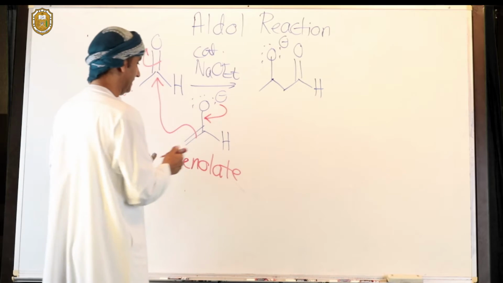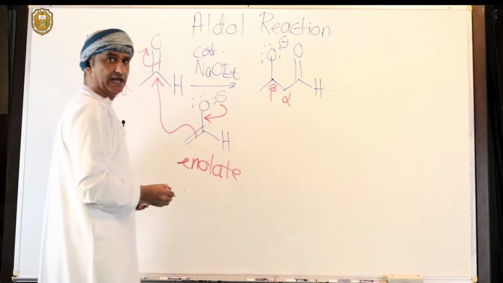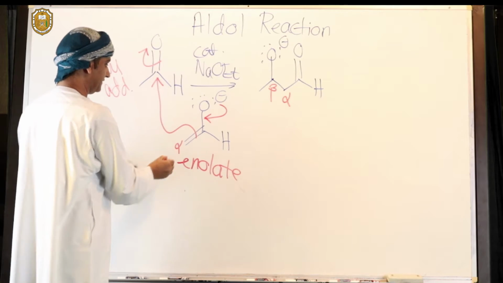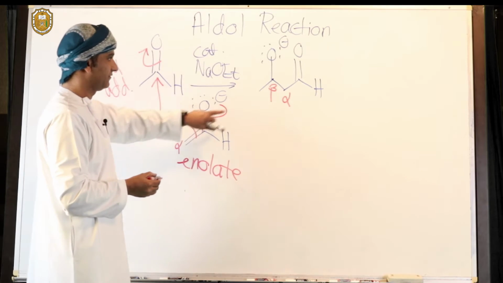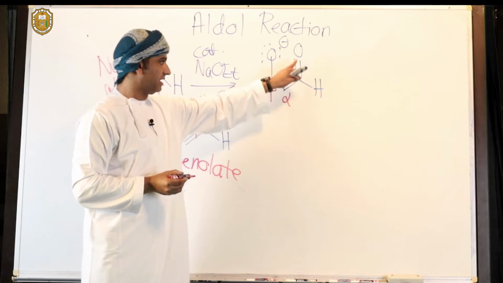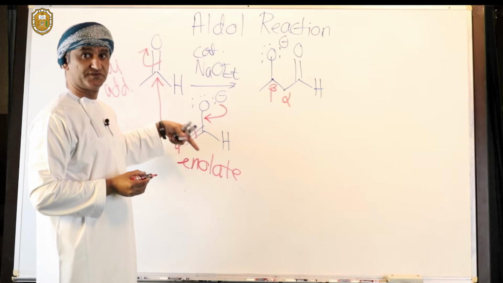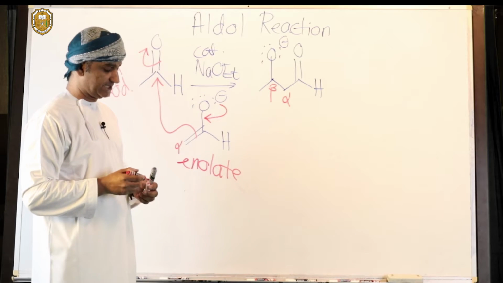It is a beta-alkoxy aldehyde. So this is the alpha position, obviously, coming from the enolate. And of course, this unit comes from acetaldehyde. This unit comes from the enolate. And of course, this itself comes from the same source, which is acetaldehyde.